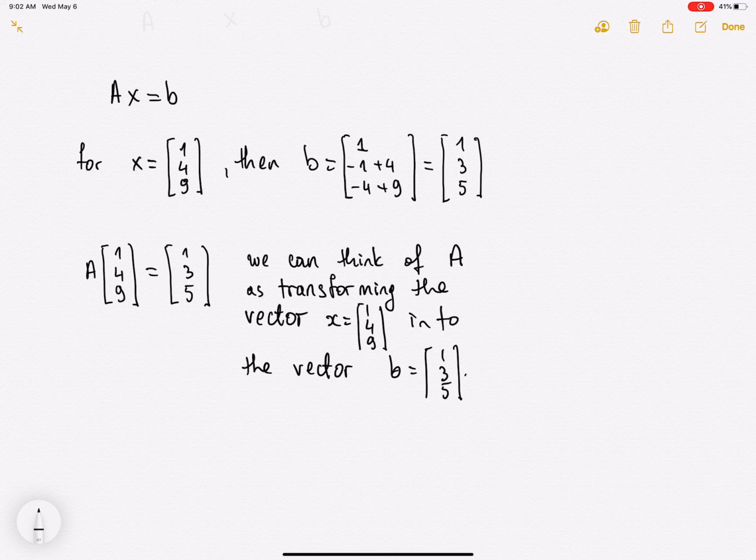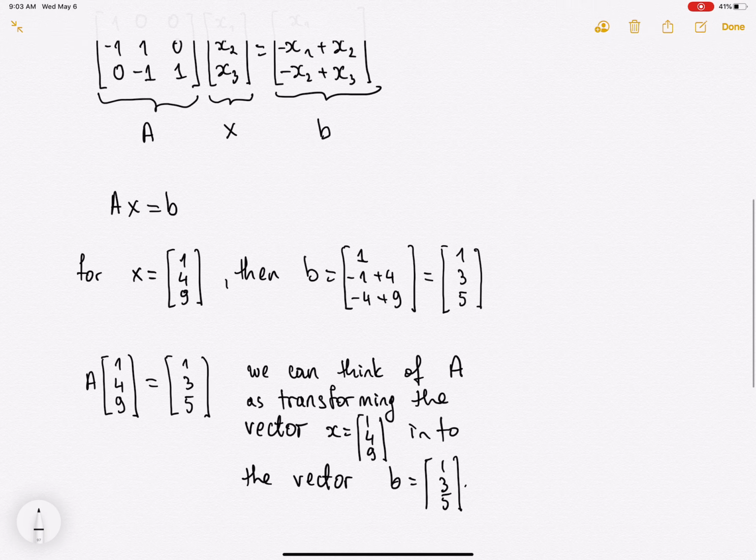So what this does is it allows us to look at matrices not simply as objects that summarize some coefficients for us, but actually as transformations and as actions. And this will be a central theme in the course. We'll think of A as doing something to x. It in fact multiplies x to give b.